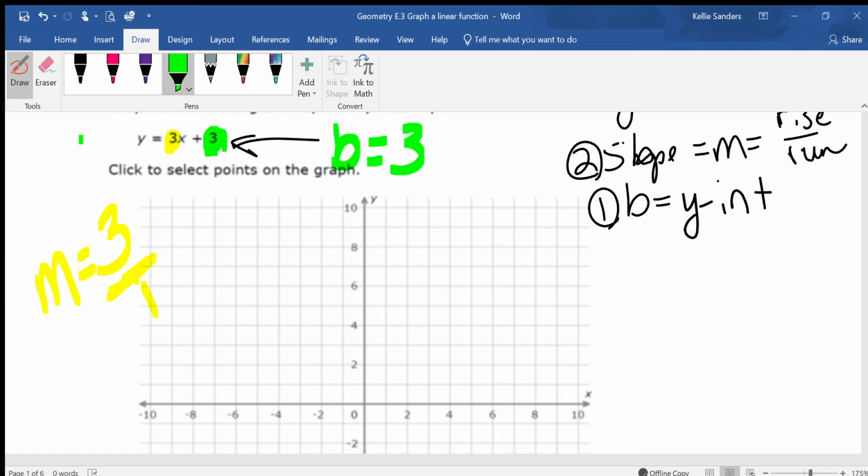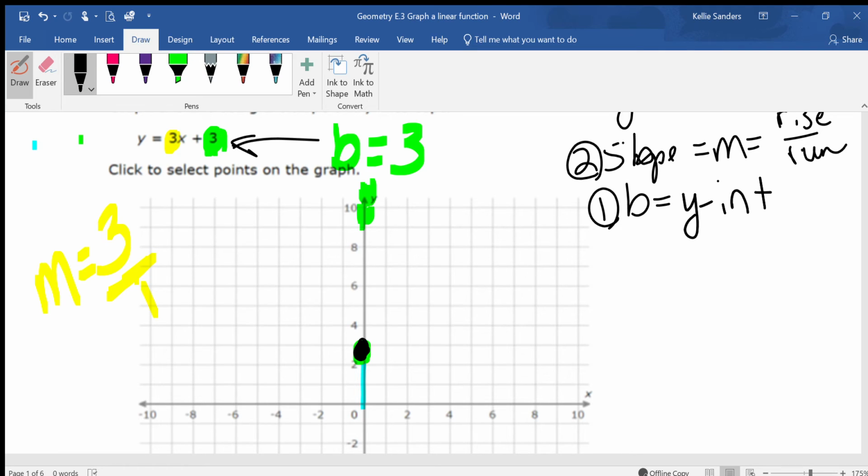So, here is your y-axis, okay? So we're going to start, let me change colors one more time. You start at 0, 0, and we're going to go up 3. Once we go up 3, we're going to put a point there. Okay? That has taken care of your b. That's your b right there.